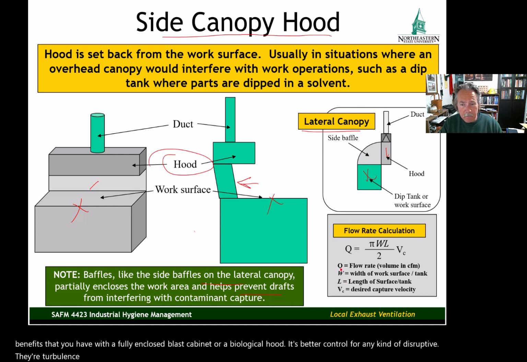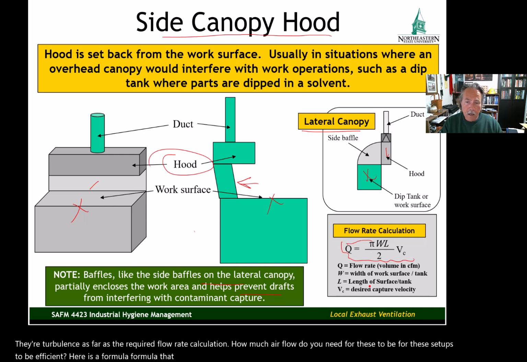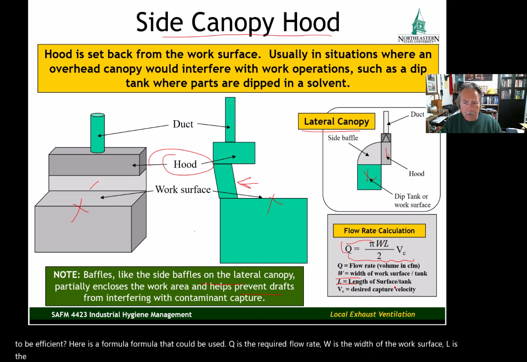As far as the required flow rate calculation, how much airflow do you need for these setups to be efficient? Here is a formula that could be used. Q is the required flow rate. W is the width of the work surface. L is the length of the surface or the tank. And then V sub C is our desired capture velocity.